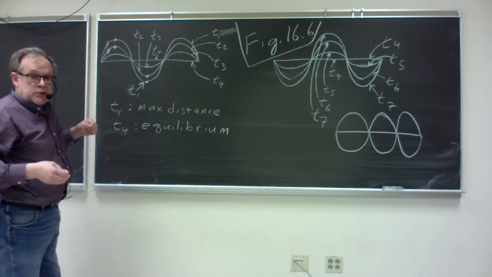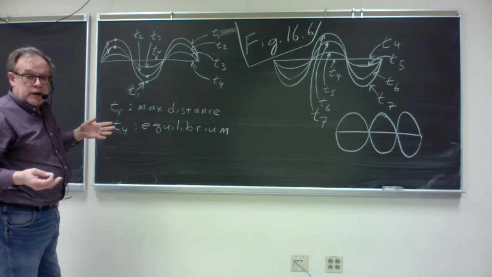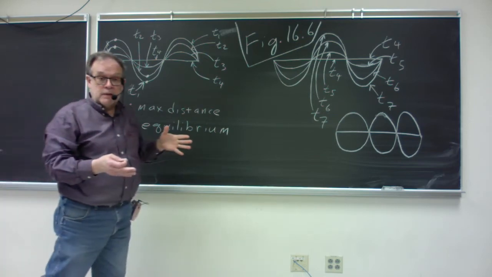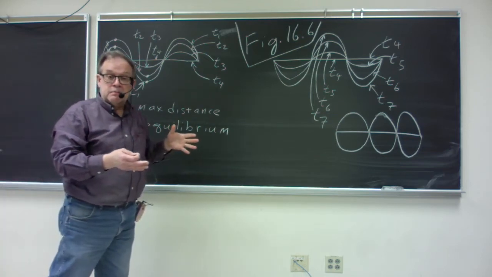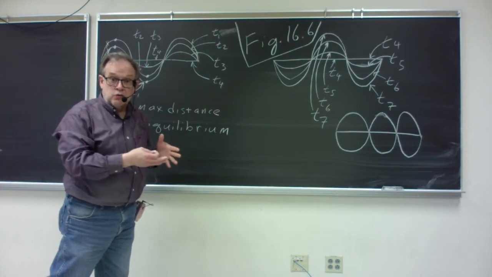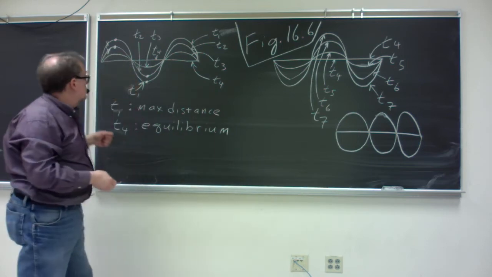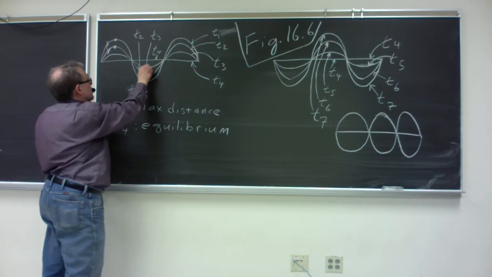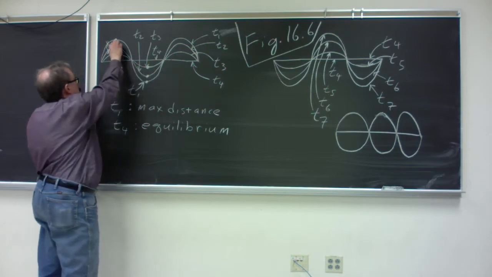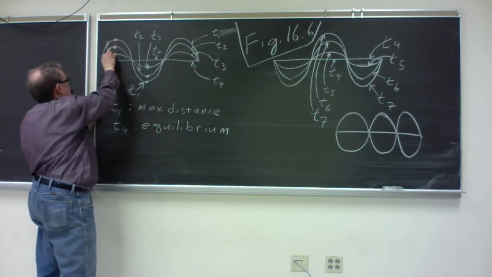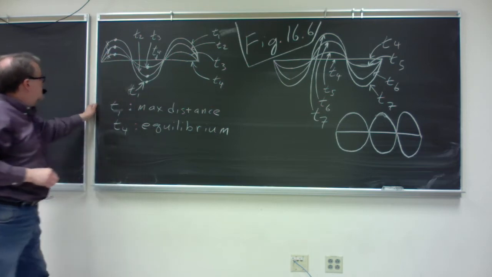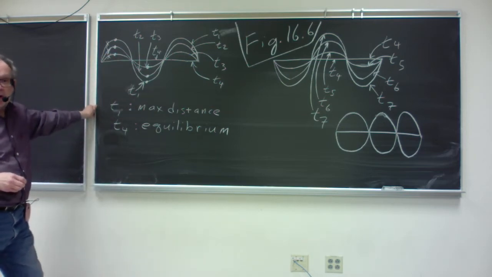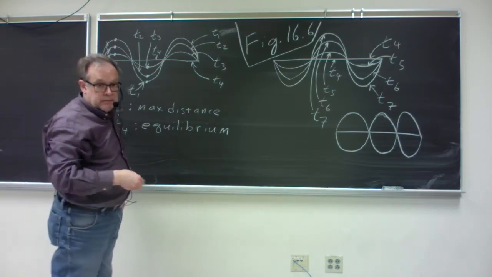And then at time 3, very shortly after that, every oscillating bit has continued to move closer back towards equilibrium. So this little point is now here, and this little bit of string is here, and this little bit of string is right there. Everything moving closer and closer to equilibrium.